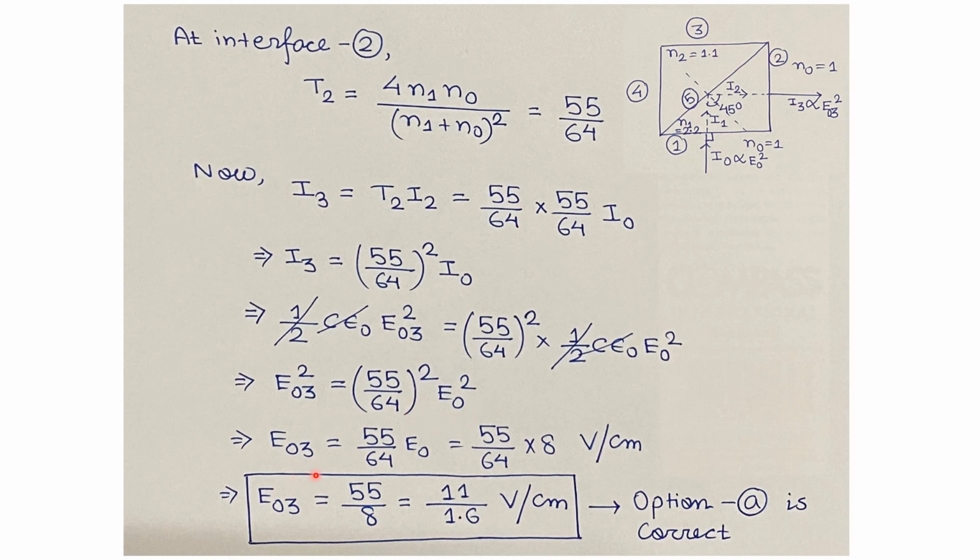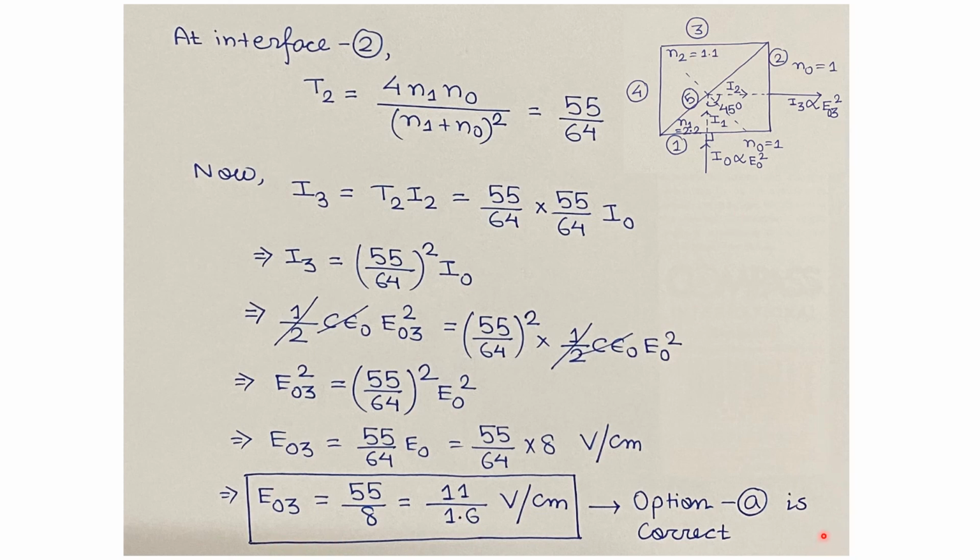So E03 is 55 by 64 E0. Now E0 is 8 volt per centimeter as given in the question. Effectively we have E03 in region 2 as 55 by 8. If we divide the numerator and denominator by 5, we get 11 by 1.6, which is our E03 in region 2.